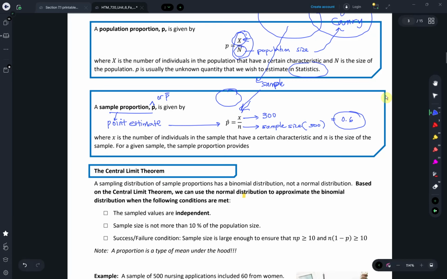Now, what we're trying to learn is more about how this sample proportion varies from one sample to another, and if we can model it using the normal distribution.